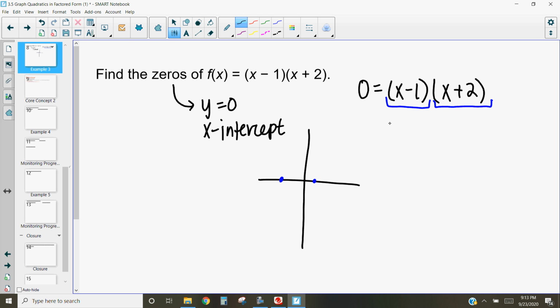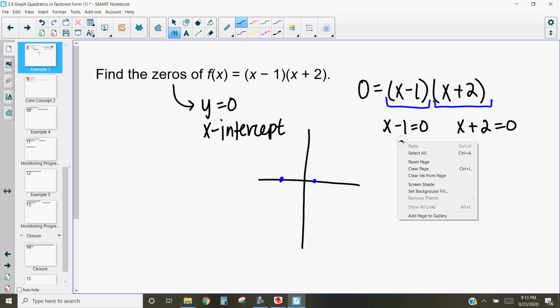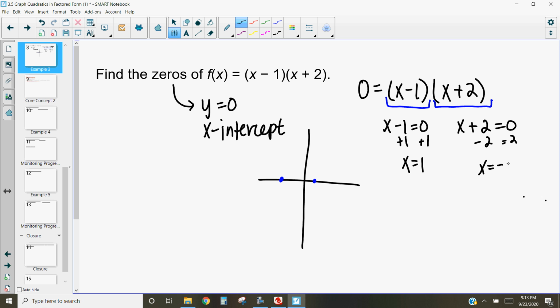The way we can figure those out is we do x minus 1 equals 0, and x plus 2 equals 0. We set each part equal to 0, because by the zero product property, any number times 0 is 0. We solve for x, and we get x equals 1 and x equals -2.